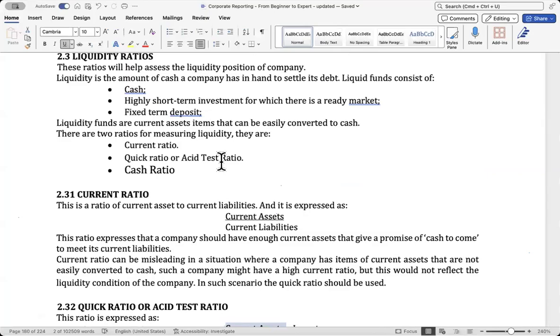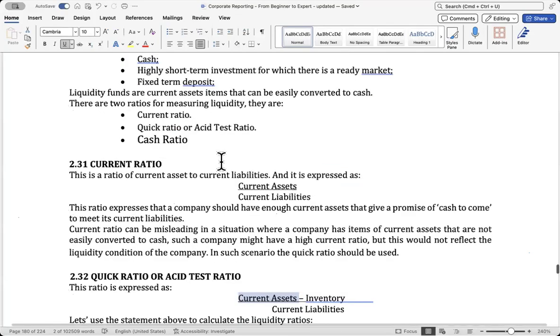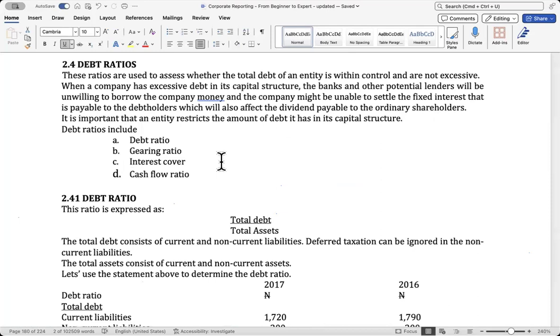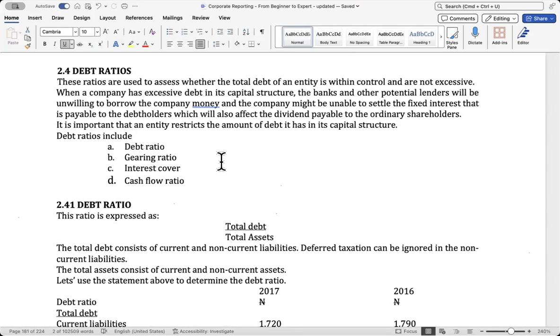And of course, a high liquidity ratio indicates that this company is in a good cash flow position, which is good. Then there's debt ratio. This one focuses on the ability of a company to continue to operate as a going concern.